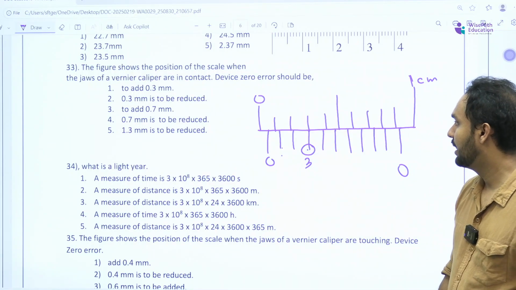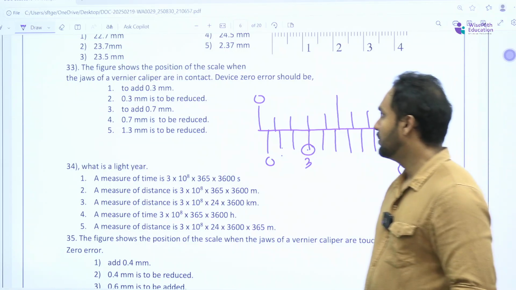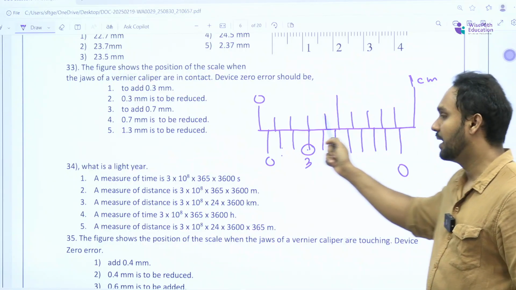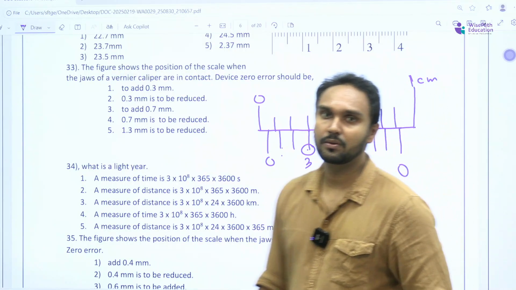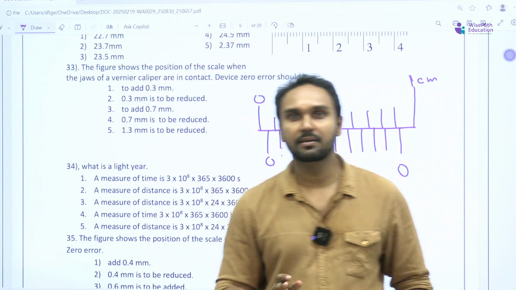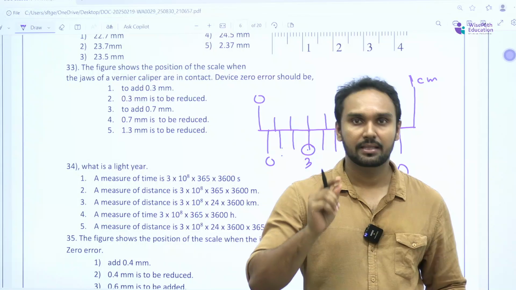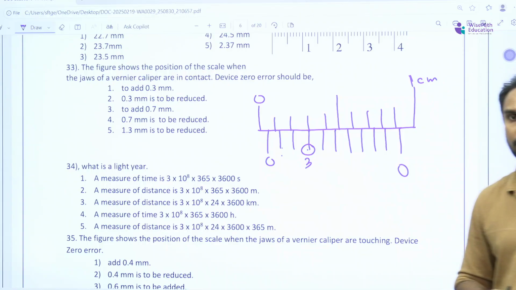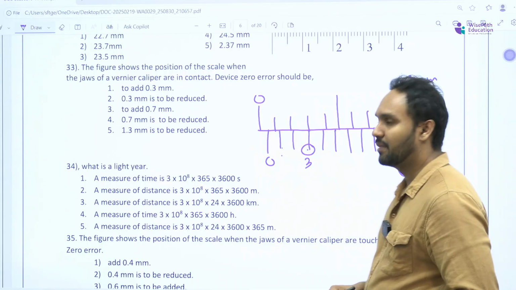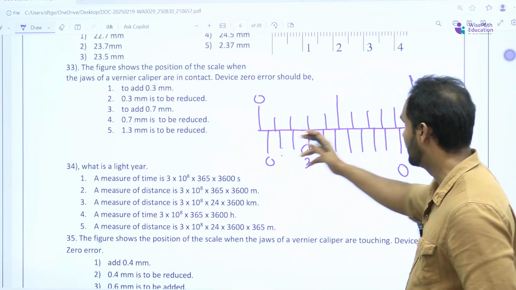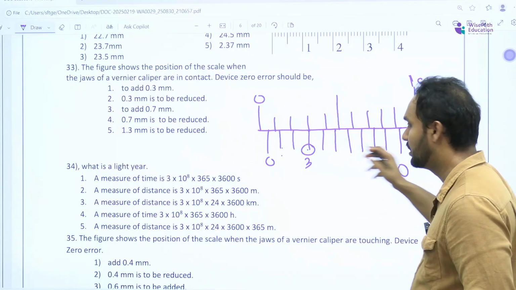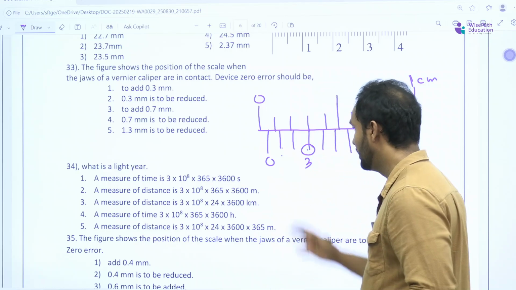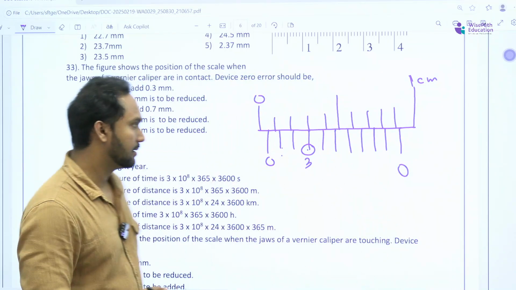And the least count usually, if 9 of the main scale divisions have aligned with 10 vernier scale lines, that is 0.1 millimeter of a least count that you should know, right? You're supposed to know by now. We don't have to calculate it. You can mentally tell it. If 9 of the main scale lines are aligning with 10 of the vernier scale lines, that is 0.1 millimeter of a least count. So now how do you take the reading?